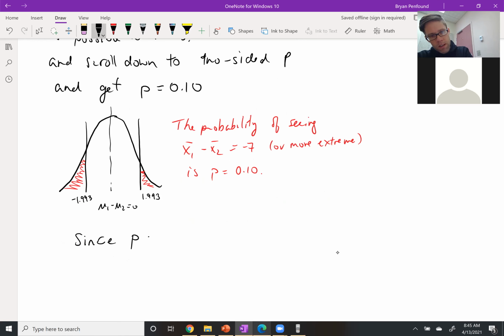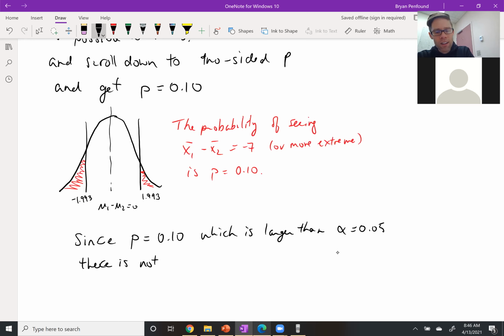Since P is 10%, which is larger than 5%, we would typically say there's not enough evidence to warrant rejecting the null hypothesis.